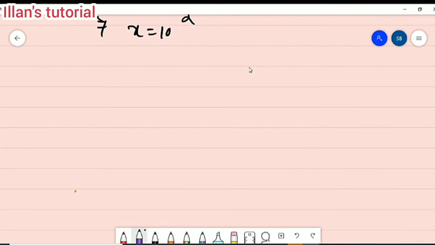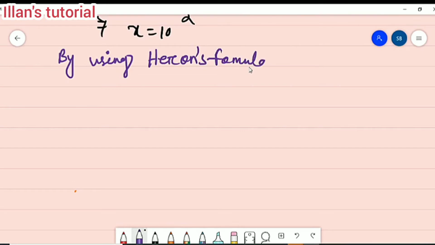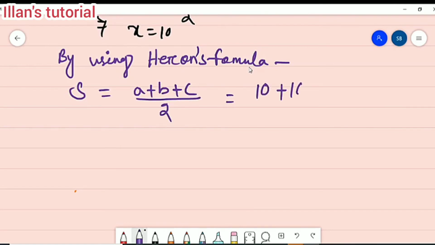By using Heron's formula, first we have to find out the semi-perimeter, which is S equals A plus B plus C divided by 2.